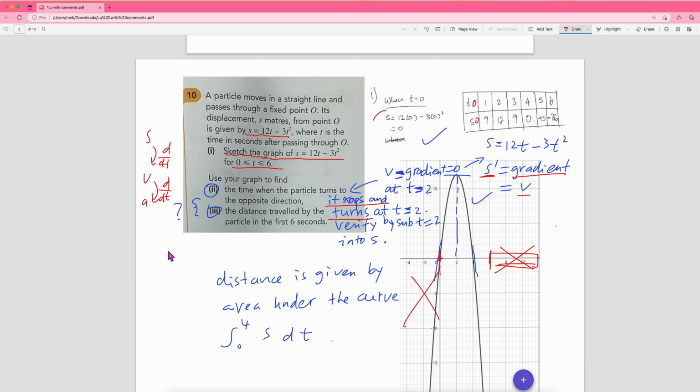So from this graph, they say use the graph, right? That means you cannot use math. If given this graph, where's my v equals to 0? Can you see that v is the gradient? So it's when the gradient equals to 0. If you look at your curve, from 0 to 6, let me just draw the curve from 0 to 6.